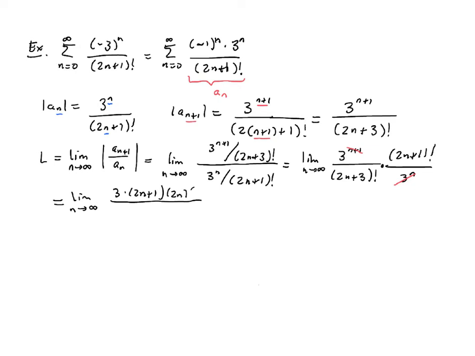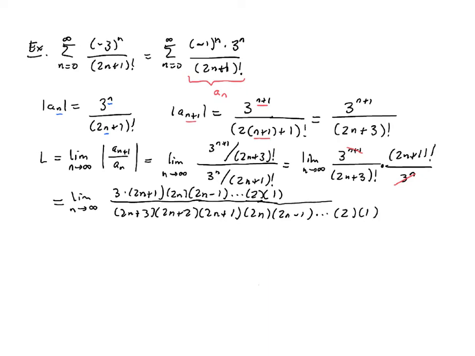So 2n minus 1, dot, dot, dot, down to 2 times 1. And in the denominator I have 2n plus 3, 2n plus 2, 2n plus 1, 2n, 2n minus 1, down to 2 times 1.